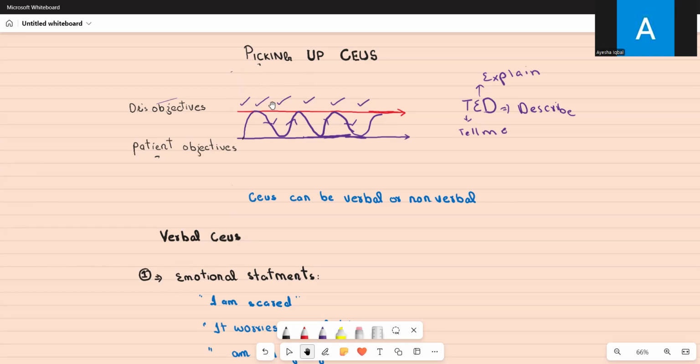And when we have done that, we think, okay, I have asked everything, I have explained everything, and I've completed the task. But in reality, we have totally lost sight of the person in front of us, the patient. The patient might also have their own objectives. So this is our agenda and our objective, and this is the patient's objective.